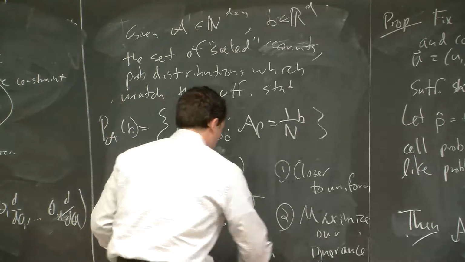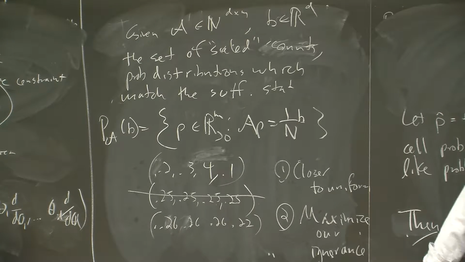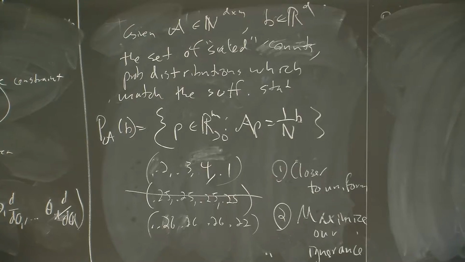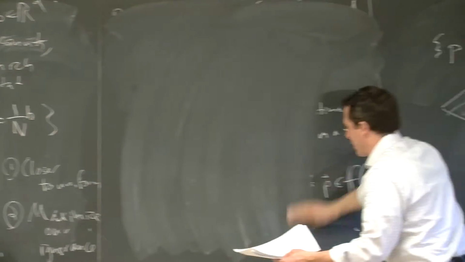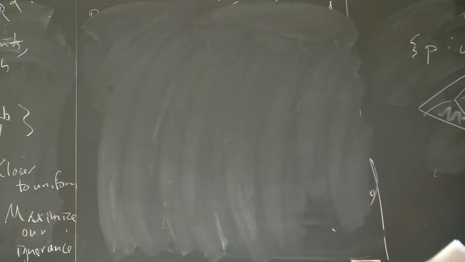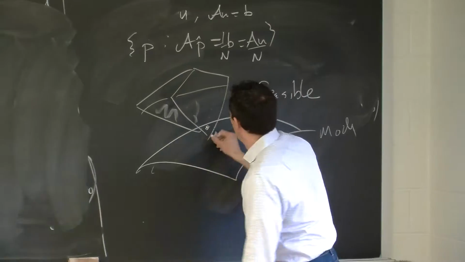So that's the answer. You choose the maximum entropy point, and magically, that is exactly the point. I have this space of feasible things, and another space here of the model. These two sets intersect at one point, and that point is the maximum entropy point.